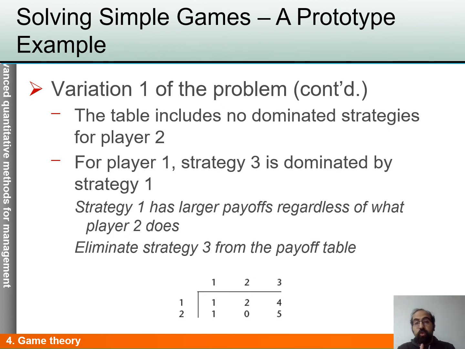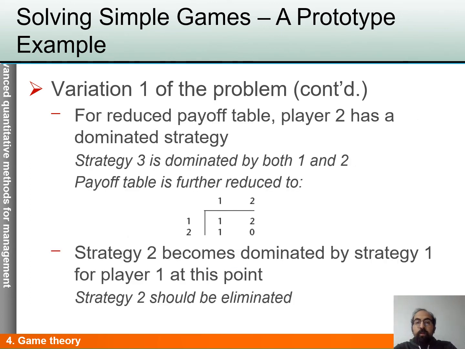Based on these two comparisons, we try to eliminate the strategies by using this dominant strategy. As you see here, after eliminating strategy 3 for player 1, what remains for us is this new table. Okay?